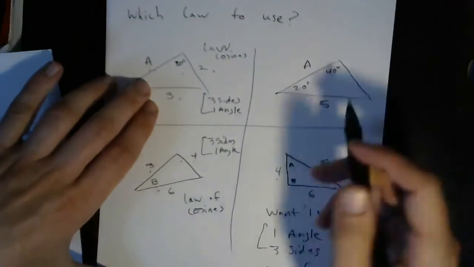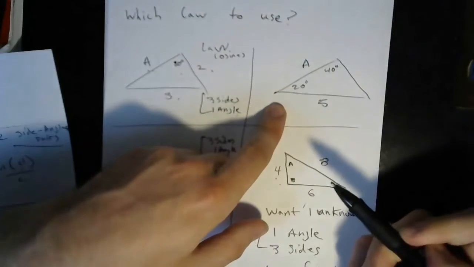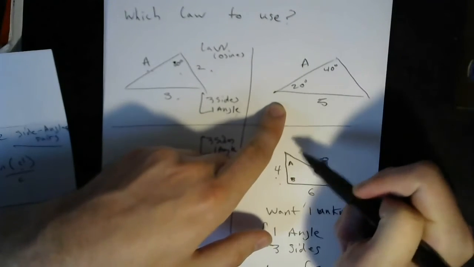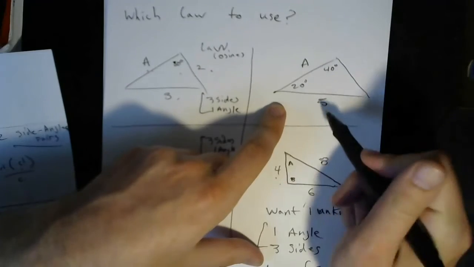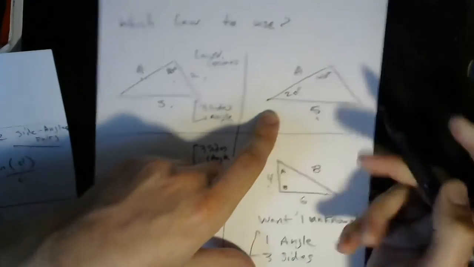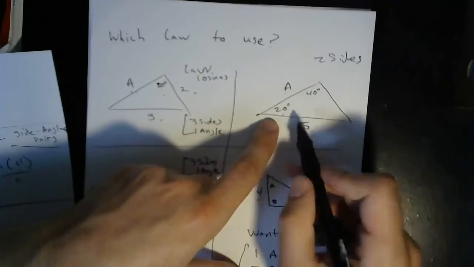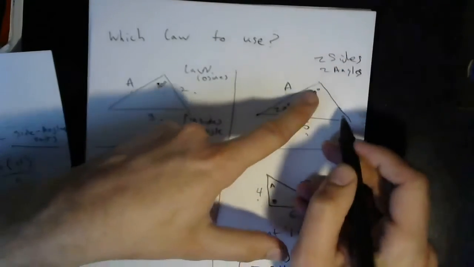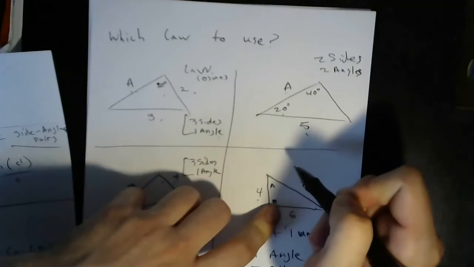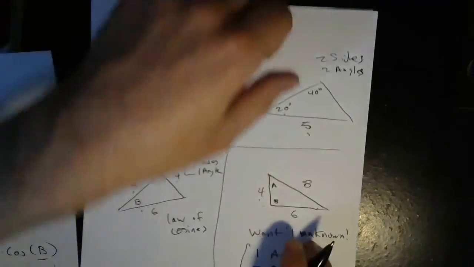And finally, up on top, A is our unknown, it's a side. There are no other unknowns here, and we do have 3 things that we know. We have a second side, so that's 2 sides, and we have 2 angles, and they're both known. 2 sides, 2 angles, but they're not paired in this case.